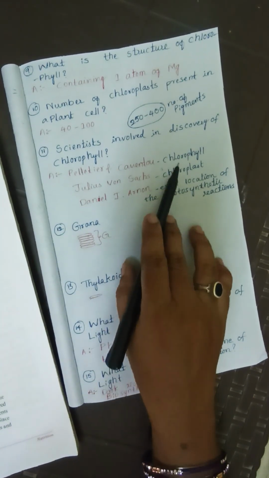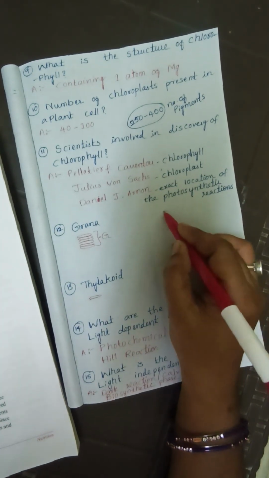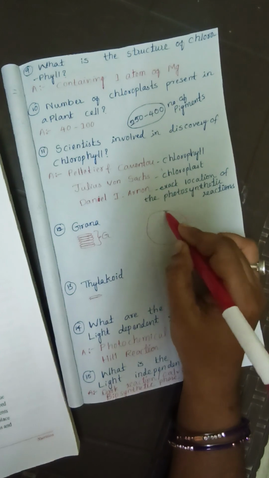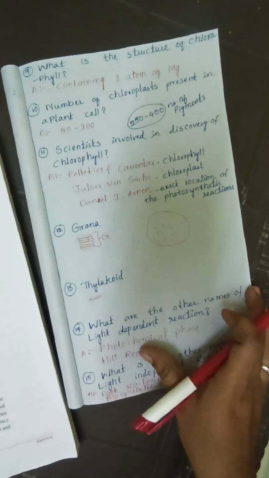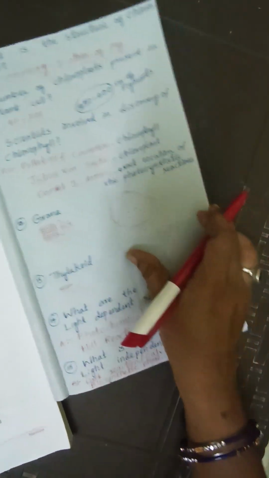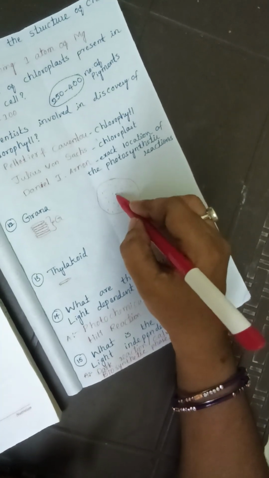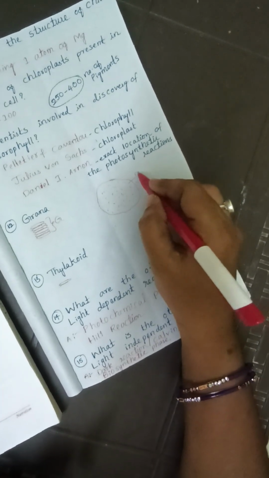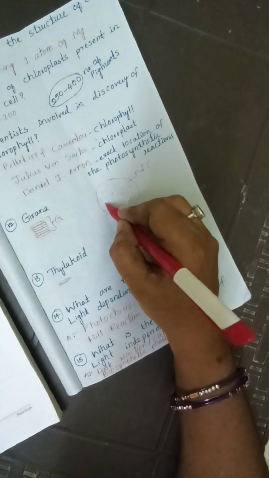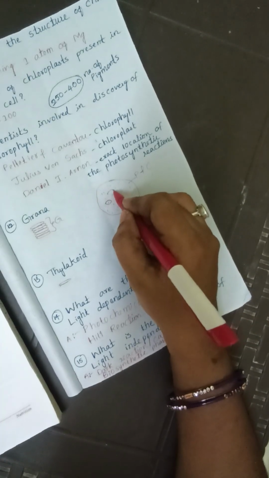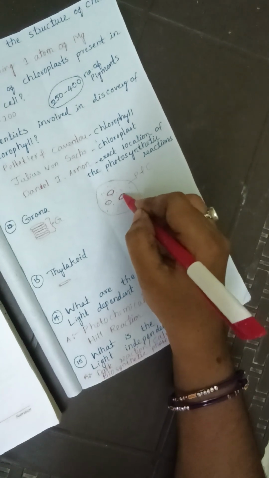Clear? Chlorophyll is the green color substance. Here I will write: chlorophyll is a substance, the total green color portion area. This area was found by Pelletier and Cavendish. In this area, the chloroplasts are disc-shaped structures.